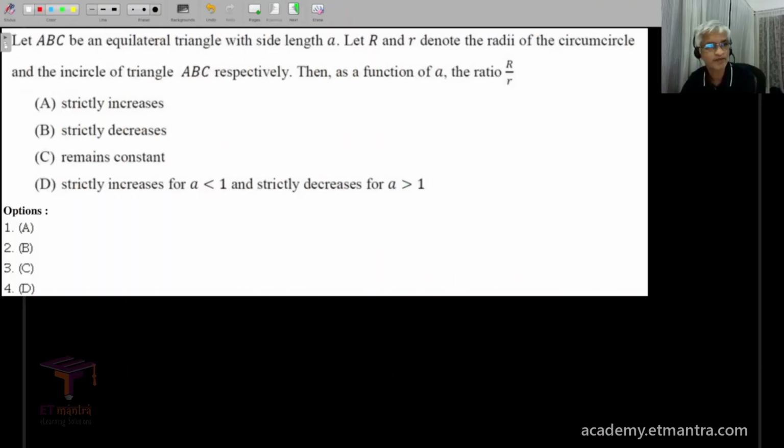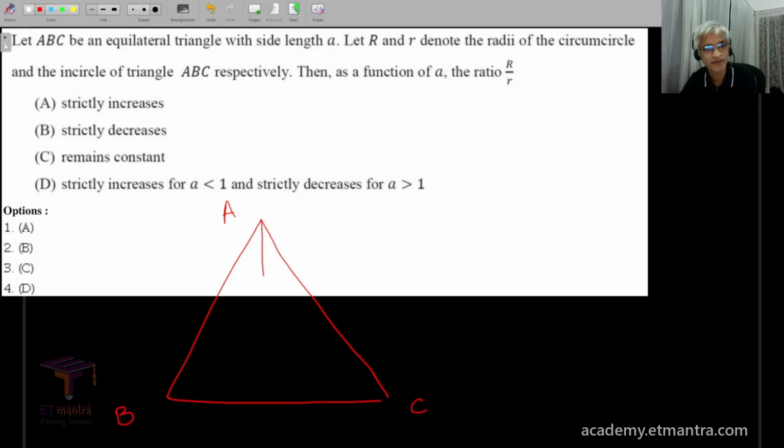The first problem turns out to be a rather straightforward problem, but it will also provide a great opportunity to revise a very important formula, which may not be required in this particular problem. So we're talking about an equilateral triangle, and we are interested in the circumradius, which means we are looking for the perpendicular bisectors of each of the sides.